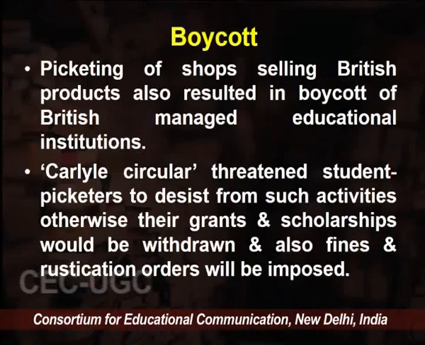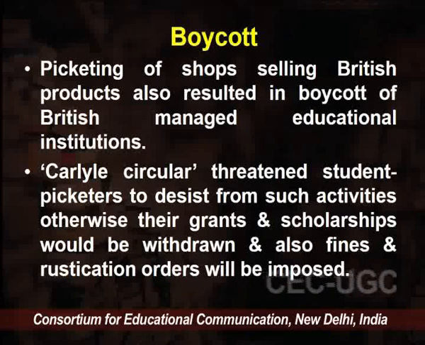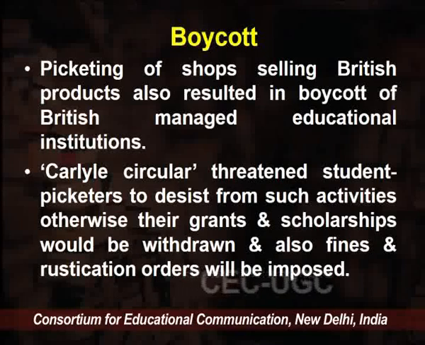And we find that the British definitely had to resort to a very violent, more reactionary approach. One of the circulars, called the Carlisle Circular, threatened the student picketers to desist from such activities, otherwise their grants and scholarships would be withdrawn. Such threats were given to the students: that their grants would not be given, or fines would be imposed on them, or they would be rusticated from their institutions.